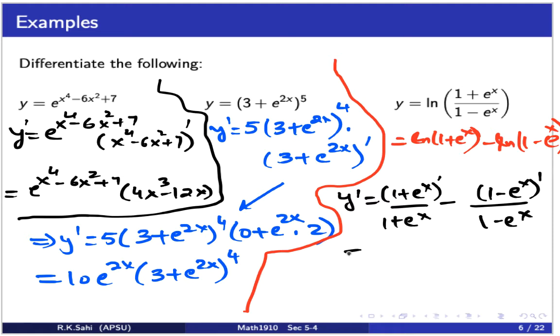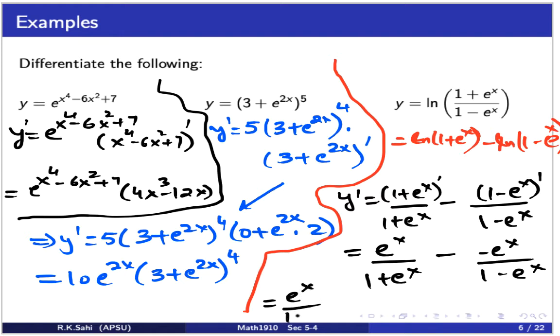So what do you get? You get differential of 1 plus e to the power x, simply e to the power x over 1 plus e to the power x, minus differential of 1 minus e to the power x, which is simply minus e to the power x, over 1 minus e to the power x. Make life much nicer looking here. E to the power x over 1 plus e to the power x plus, minus with the minus, e to the power x over 1 minus e to the power x.